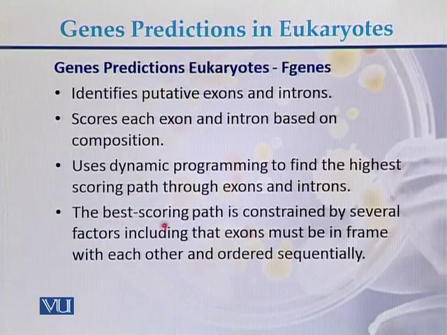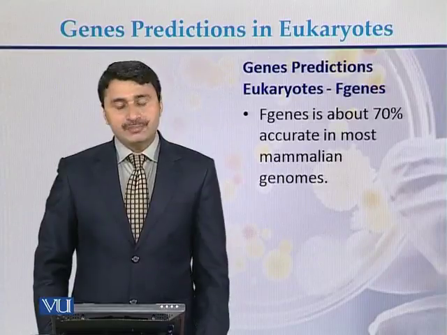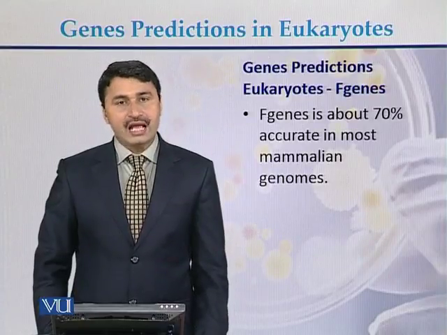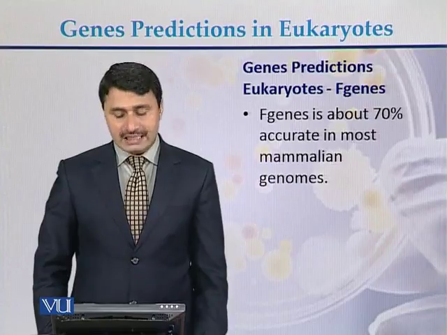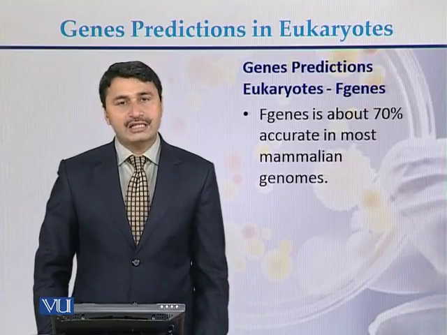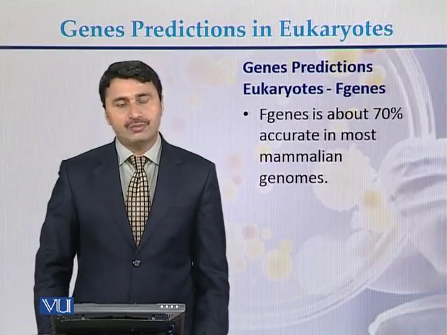Ultimately the best scoring path is constrained by several factors, including that exons must be in frame with each other and ordered sequentially. So this is the methodology of how Fgenes works for gene predictions in eukaryotes. Fgenes is approximately 70% accurate in case of mammalian genomes.